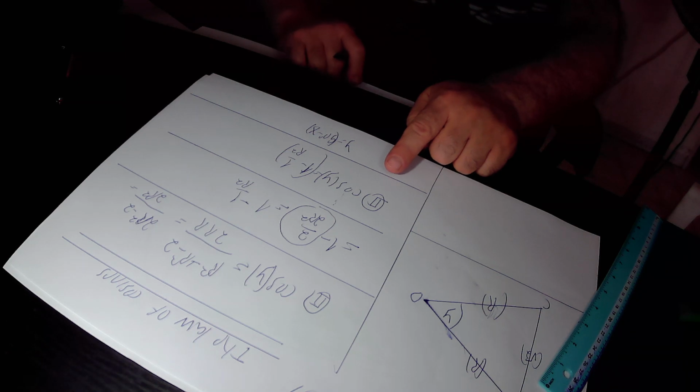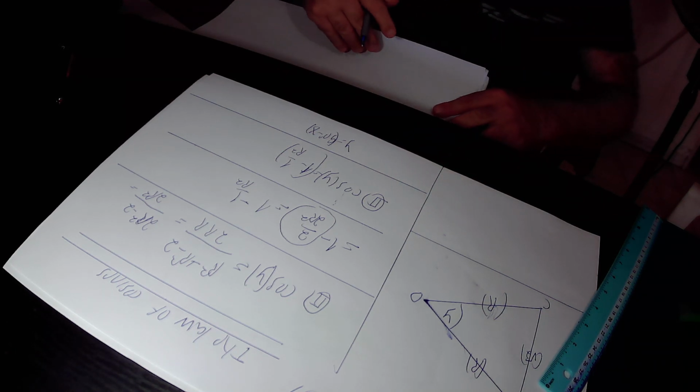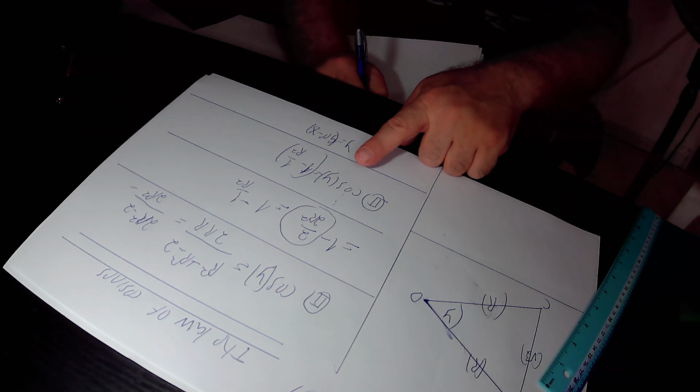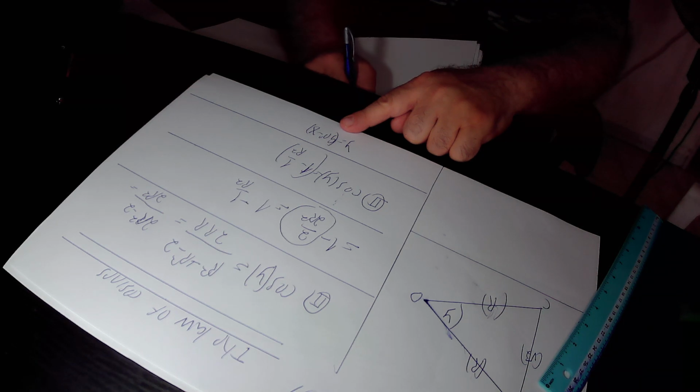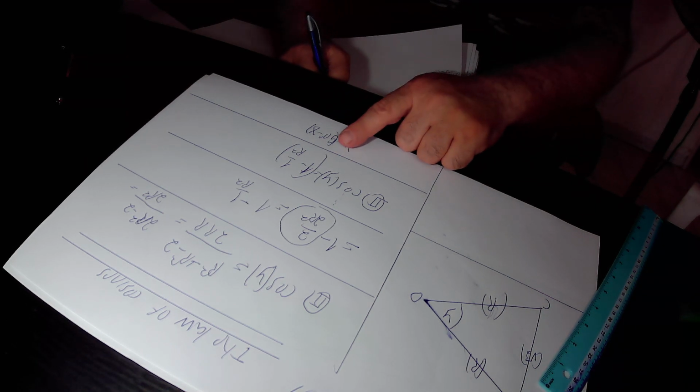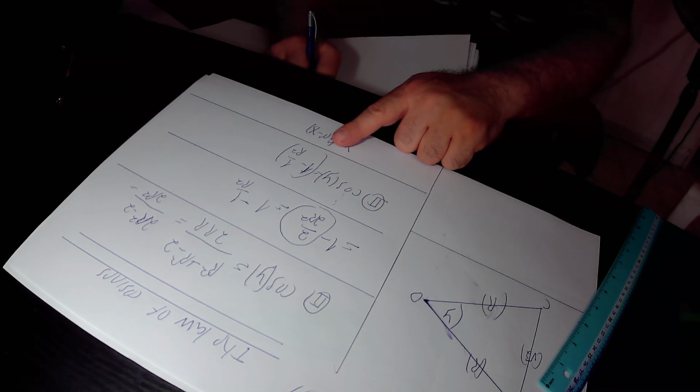We will do it now, and according to equation 2, we have cosine y, and y is 90 degrees minus x, so cosine of 90 degrees minus x equals 1 minus 1 over R squared.